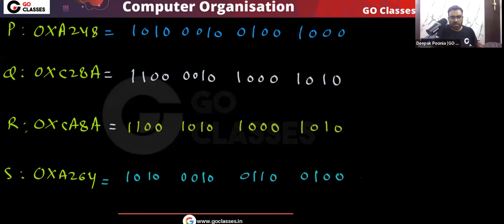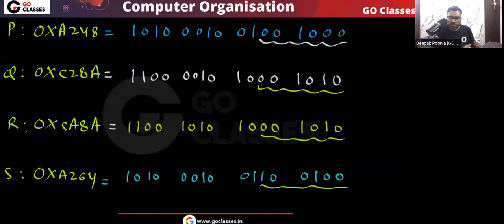Is this clear? Now very easily you can see that the least significant 6 bits are the offset. Yes or no? Let me draw a line here.